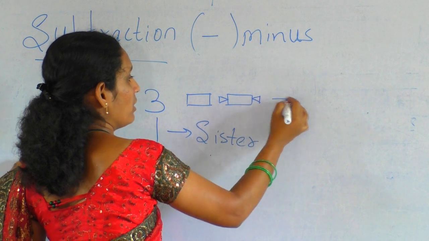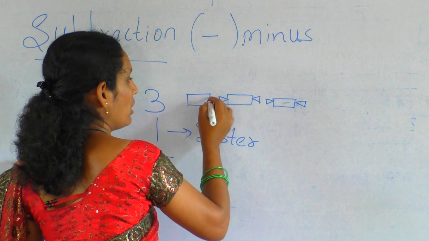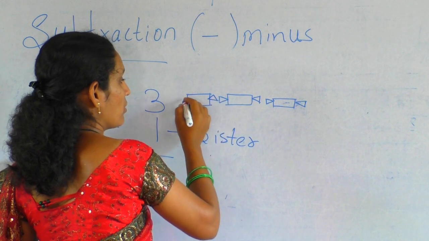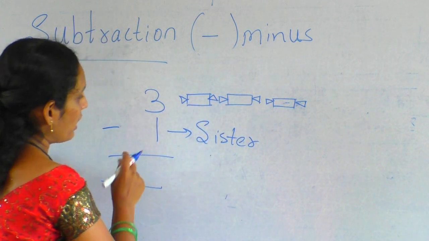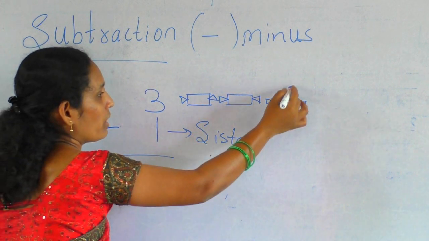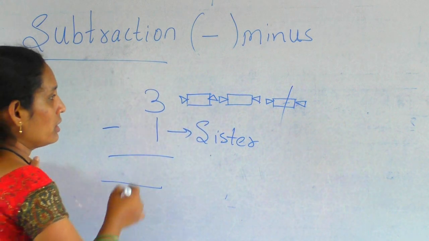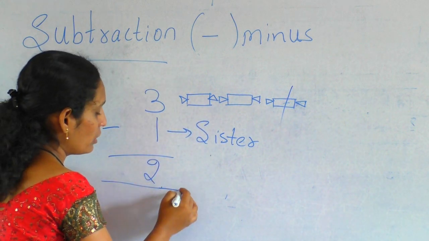In that, 1 you gave to your sister. How many left? 2 chocolates remaining.